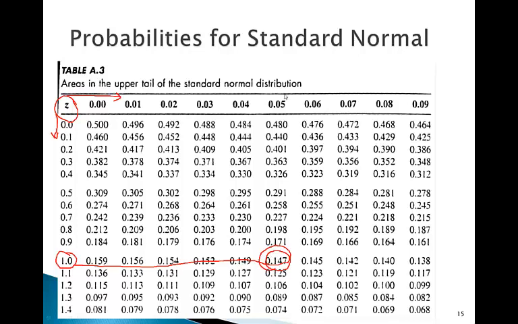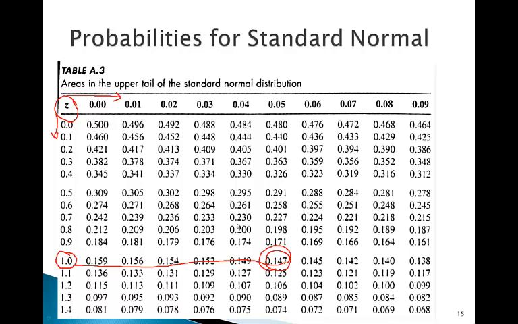So the probability that you would have a randomly selected observation that is larger than 1.05 is 0.147. If you wanted to find the probability that the observation is less than a z-score of 1.05, you would take 1 minus 0.147, since we know that the whole area has to add up to 1.